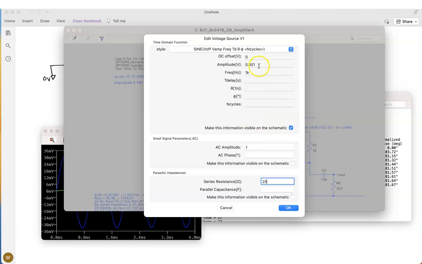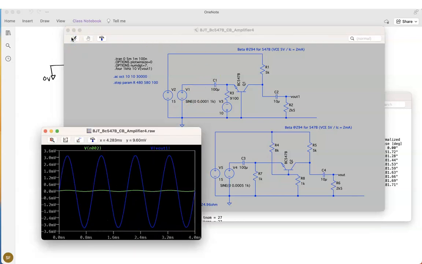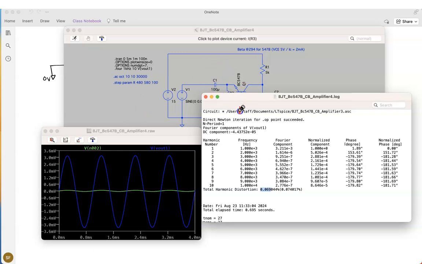If we reduce this even further, keeping the source impedance the same, THD has dropped again massively.